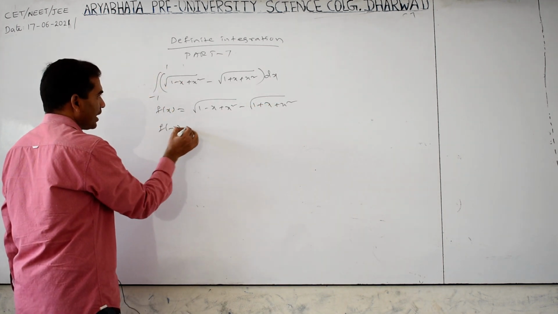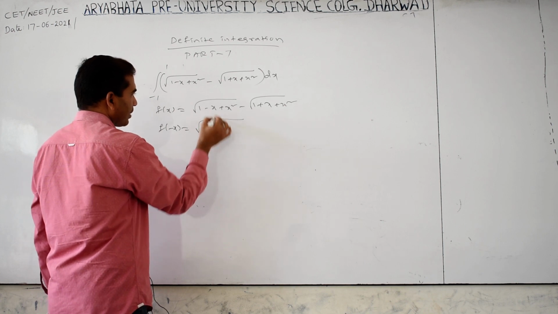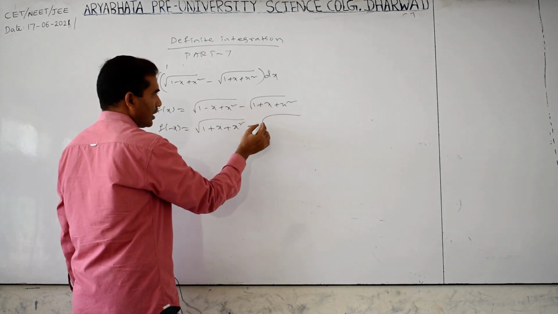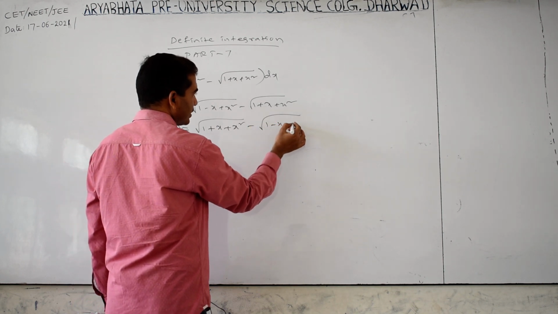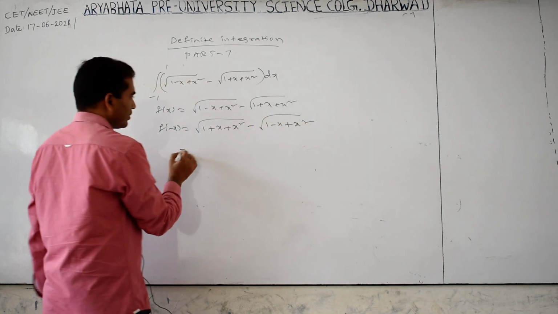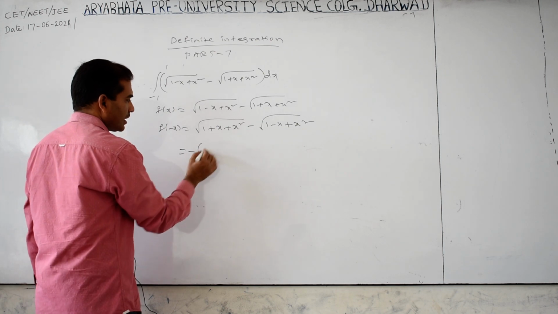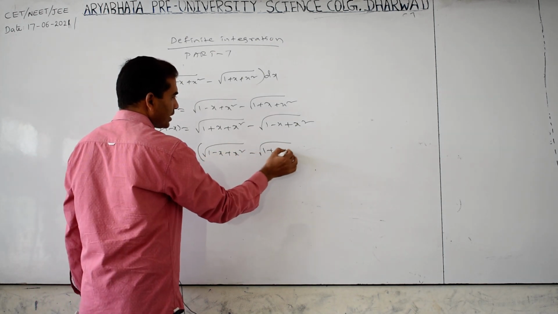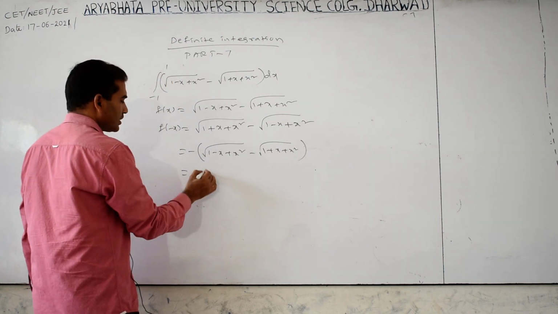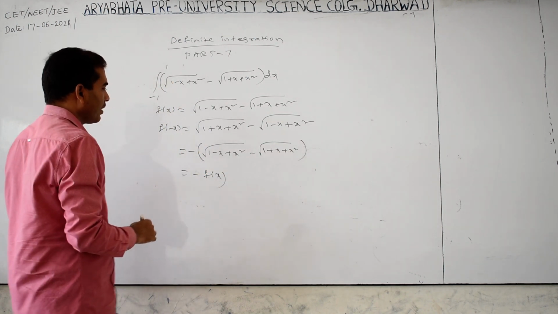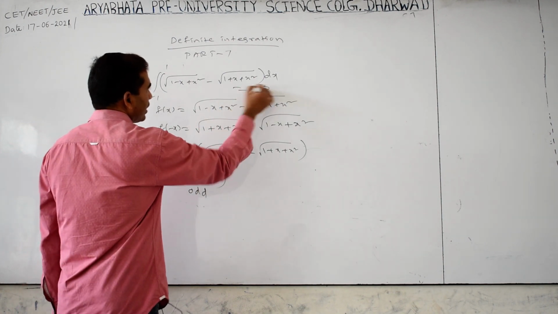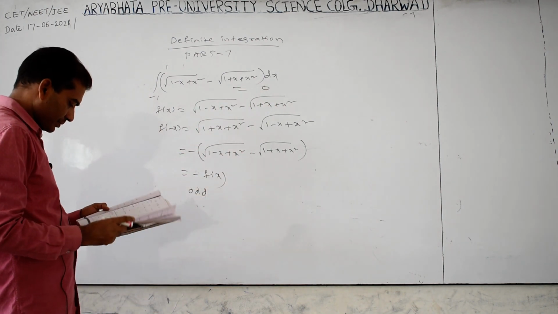Take minus common, which gives minus of f of x. That means it is an odd function. When it is an odd function, this value becomes 0.